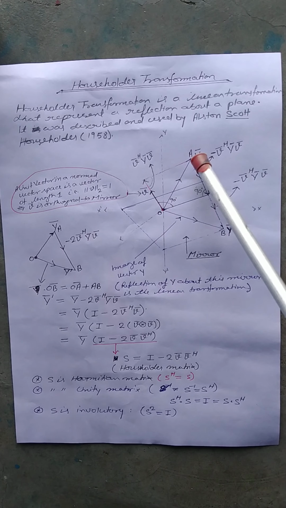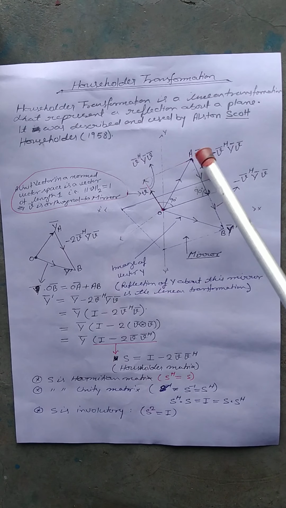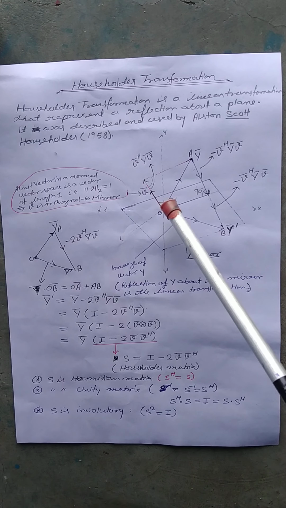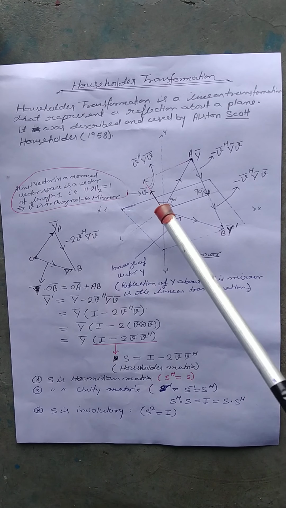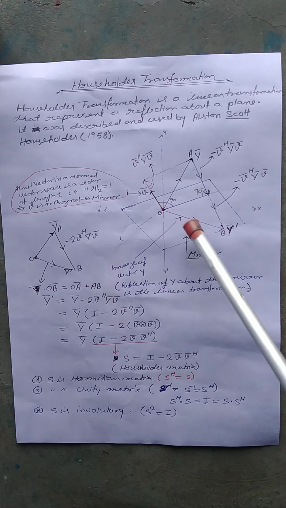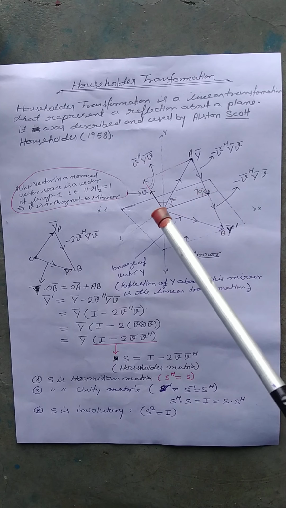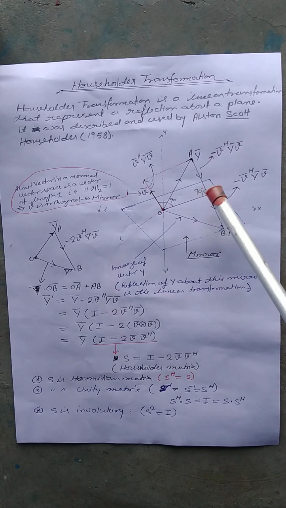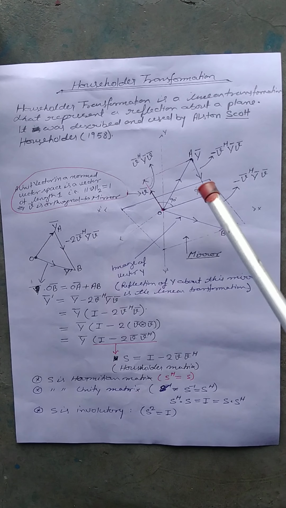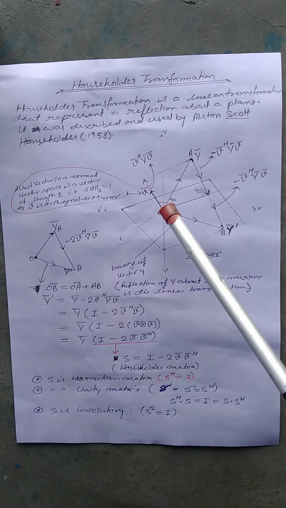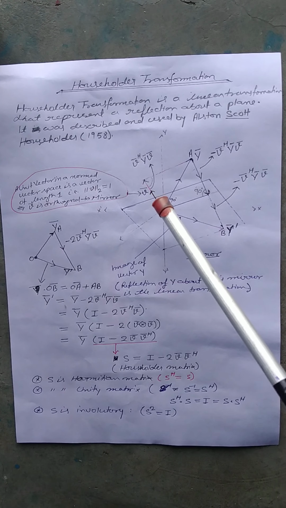If you want to find the image of y in the mirror, then the image is y dash. This is the surface of the mirror. In this case, the vector v makes a 90 degree angle with the surface.